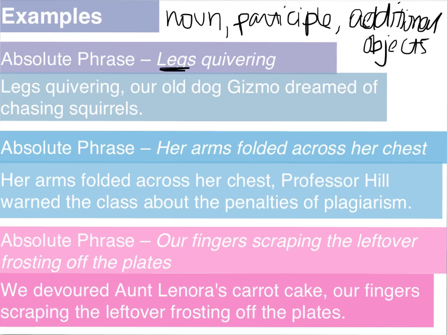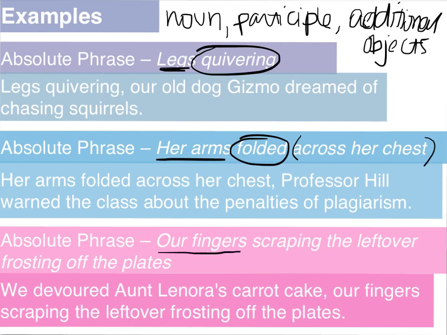We've got a noun here, legs, quivering, the present participle of the verb quiver, her arms, folded as a past participle, and we've got across her chest as these additional modifying objects. Our fingers, scraping the verb, and the leftover frosting on our plates, as the additional objects there.